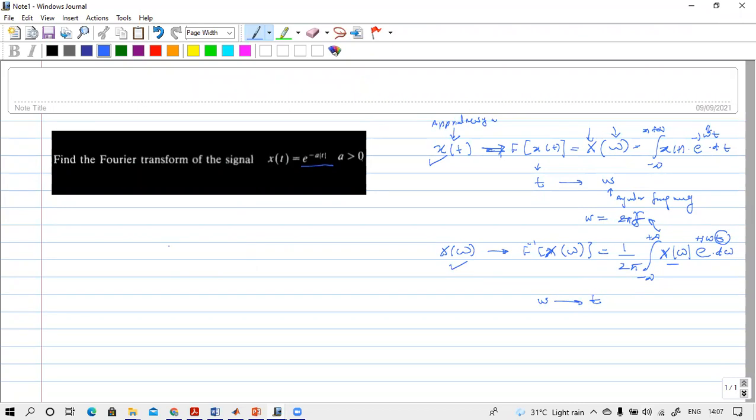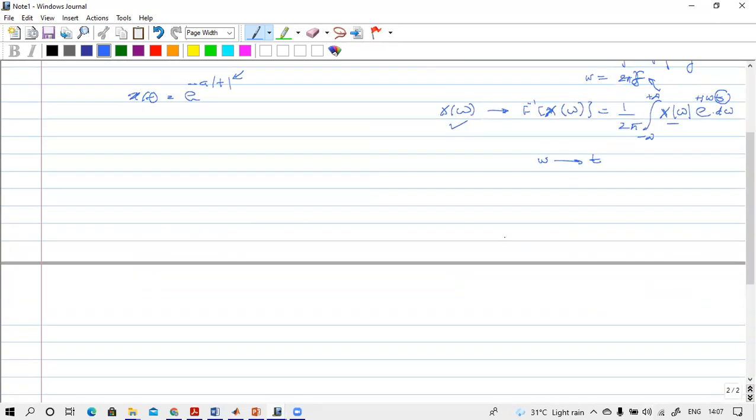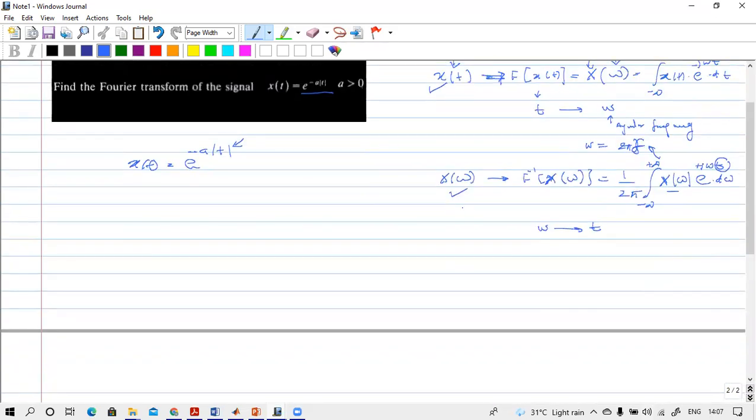So we have x(t) equal to e to the minus a times the magnitude of t. This is the absolute value of t. So if we try to draw this signal, how can we draw it?